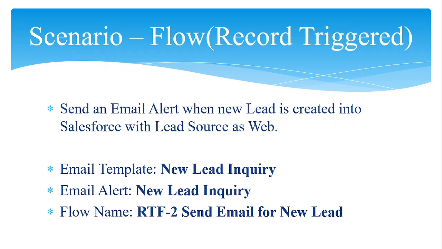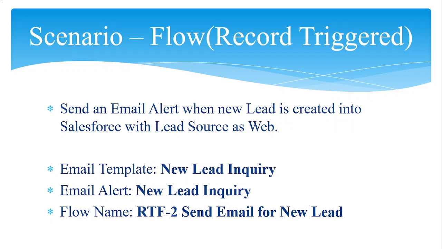Whenever we are getting a new lead into our lead object and that lead source is web, we are not going to send an email alert for all the leads coming into the lead object, but only for the leads whose lead source is web. For that lead we are going to send an email alert to where the lead is getting captured.